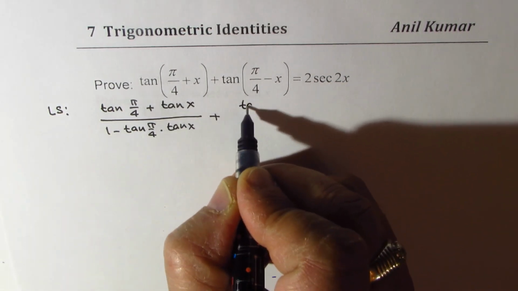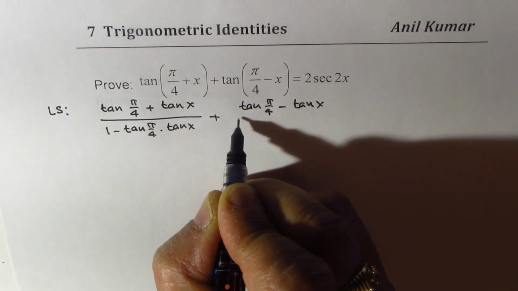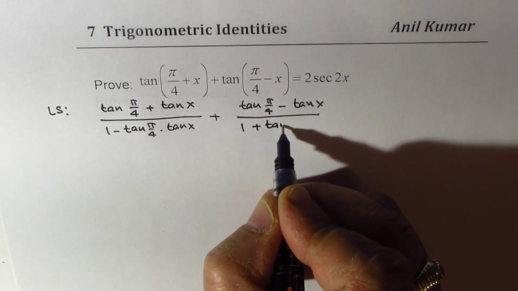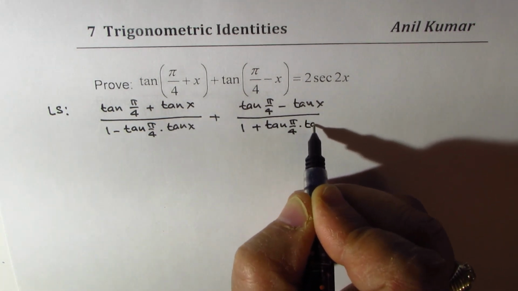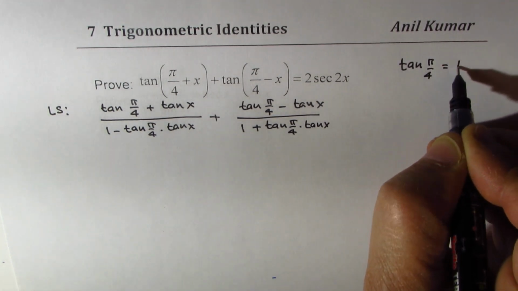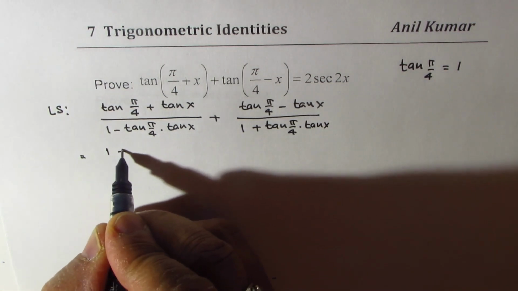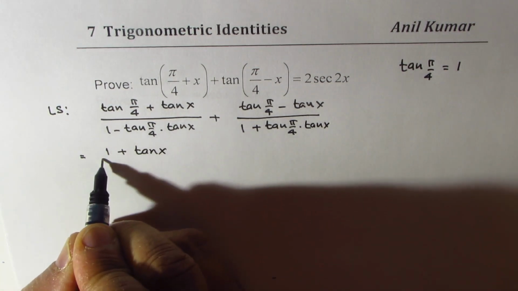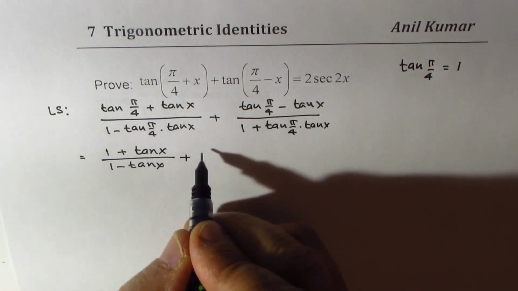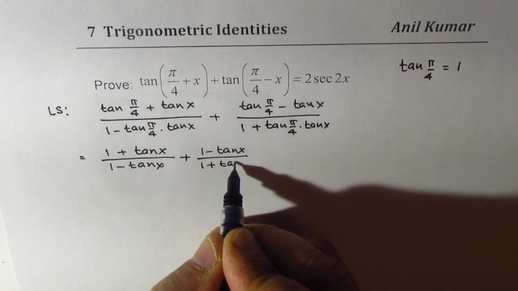Plus, in this case, it will be tan pi by 4 minus tan x over 1 plus tan pi by 4 times tan x. As you know, tan pi by 4 is 1. So we can replace this by 1, and what we get here is 1 plus tan x over 1 minus tan x plus 1 minus tan x over 1 plus tan x, correct?